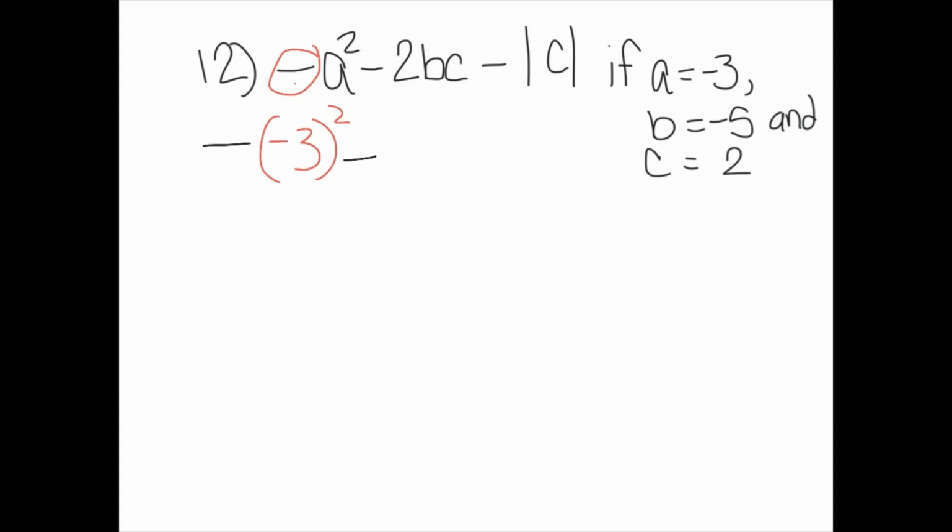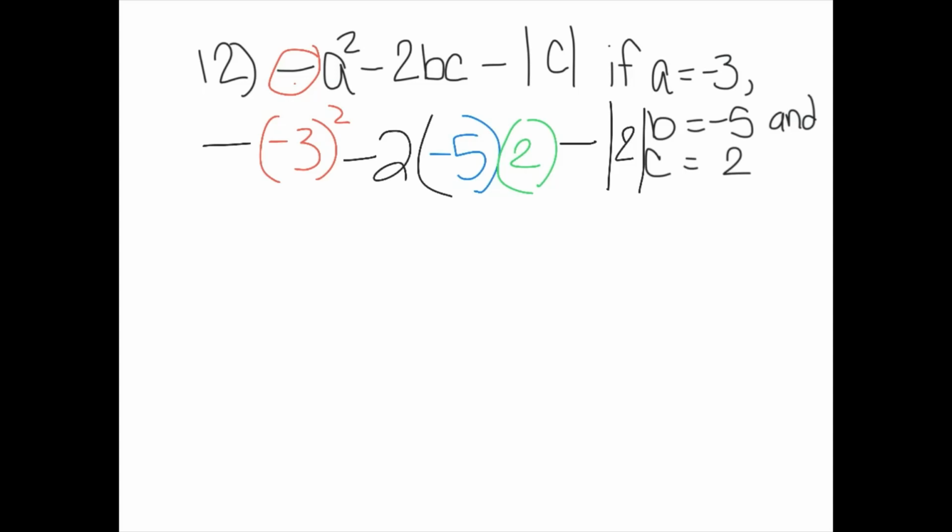Minus 2 times b, which is negative 5, and times c, which is 2, minus the absolute value of c, which is 2. Negative 3 squared is 9, so bring the minus sign down, bring 9 down. So negative 9. And negative 2 times negative 5 is positive 10, times 2 would be positive 20.